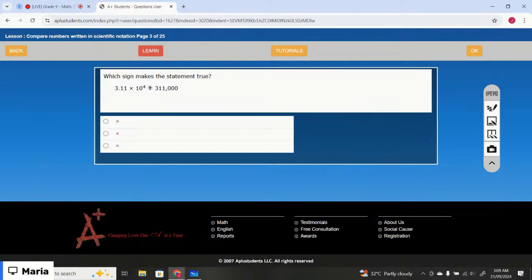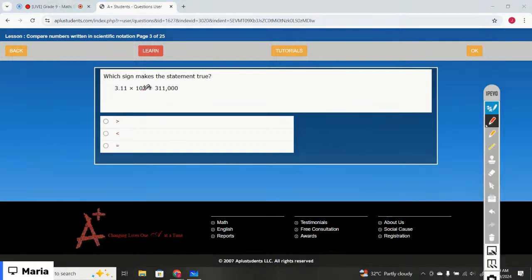Which sign makes the statement true? 3.11 times 10 exponent 4. You have to compare it to 311,000. Here you have 10 exponent 4, right? That means you must have 4 decimal places after the decimal point. So here it is. You move the decimal point 4 places right, so that would be 31,100. You have to compare it to 311,000.